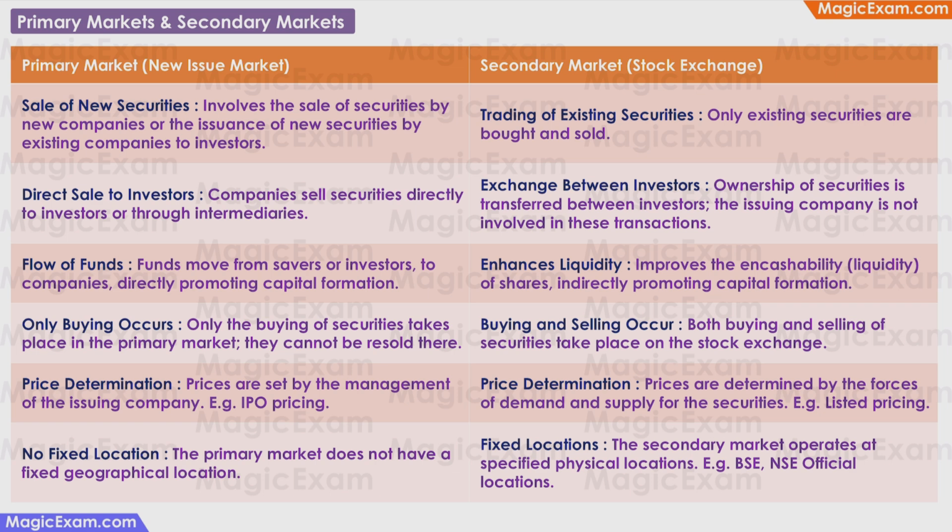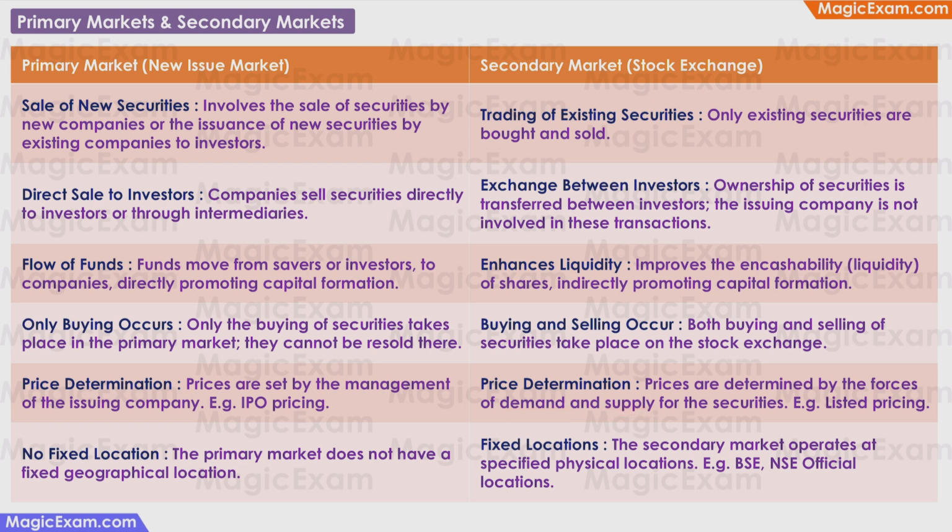In the primary market, only buying occurs because the securities are only issued by the companies and bought by the savers or the investors. However, in the secondary market, both buying and selling of securities takes place. Price determination in the primary market is set by the issuing company, while in the secondary market, prices fluctuate based on supply and demand.